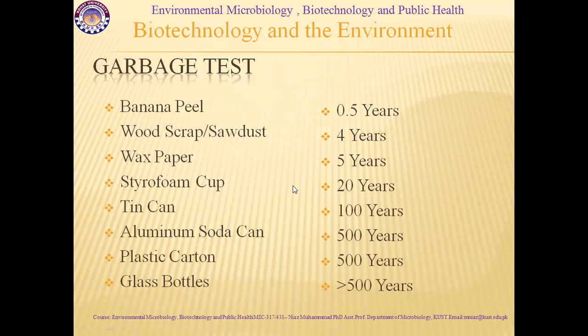It can survive in the environment, so it is pollution. Tin cans can live in the environment for 100 years. Aluminum soda cans, 500 years. Plastic cartons, 500 years. Glass bottles, more than 500 years. So these things are produced in the environment in abundance.